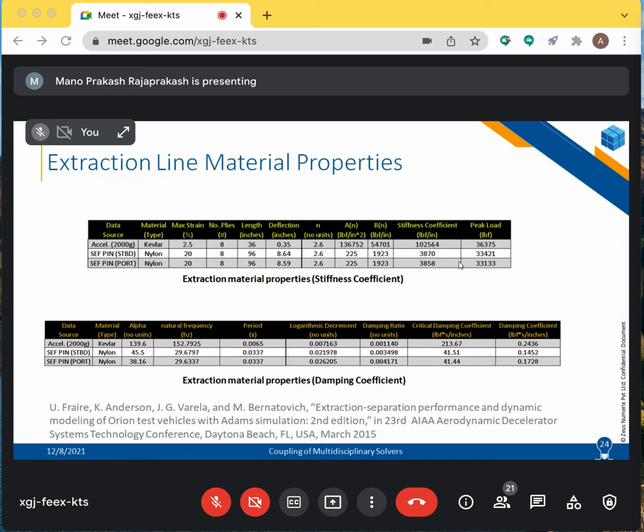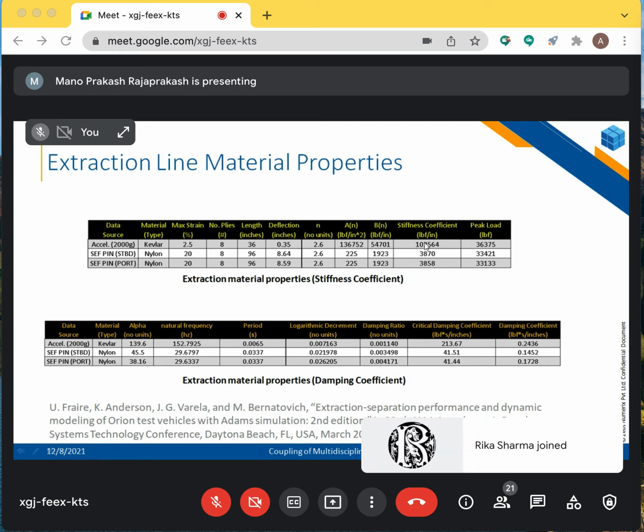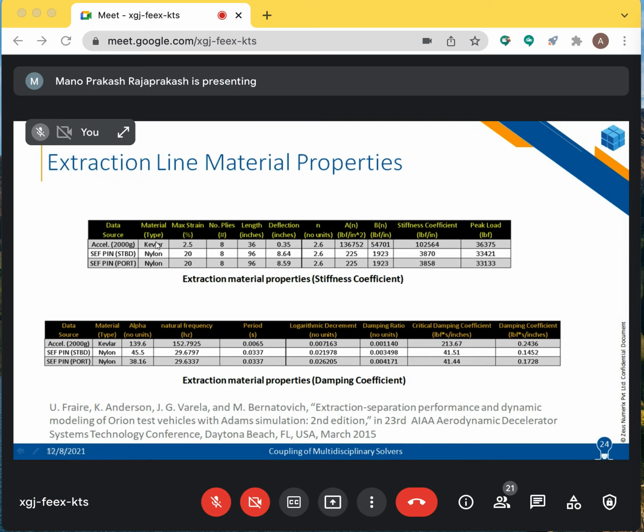And lastly, before moving to the next topic, in modeling the connections, as we previously saw, any massless spring damper system will require some information of the material. Based on the material of your riser, you are going to have a set of stiffness coefficients and damping coefficients.